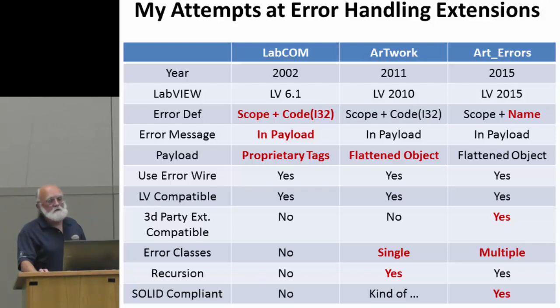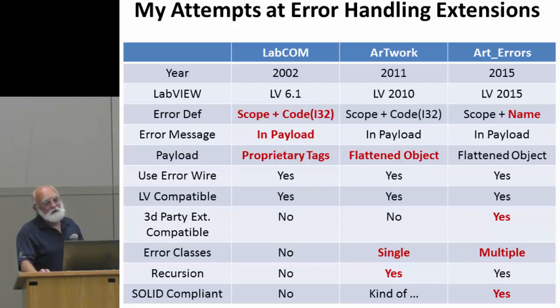But then around 2010, I started shifting my development to classes. And in LabVIEW 2010, I did a complete redesign of error handling for my reuse libraries, which were kind of SOLID compliant. I just started learning SOLID design that year, so I didn't understand it, of course, really. So this was kind of compliant.